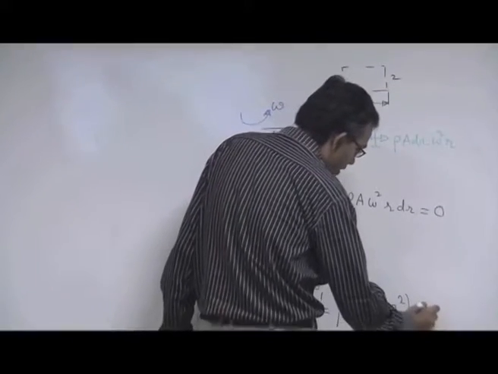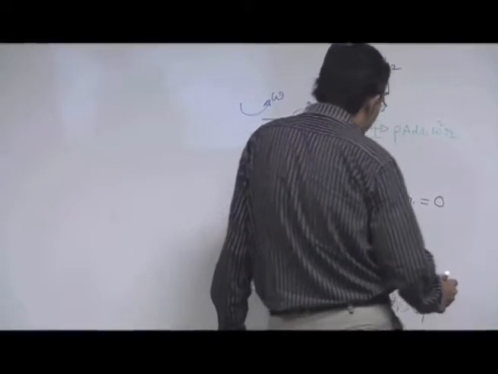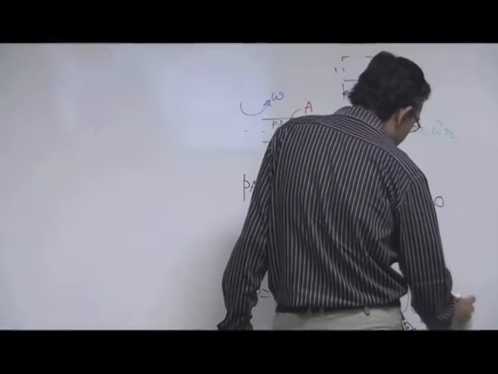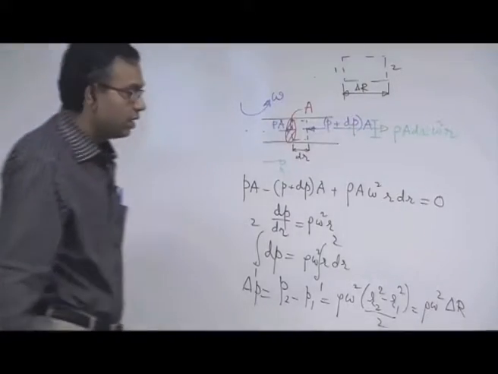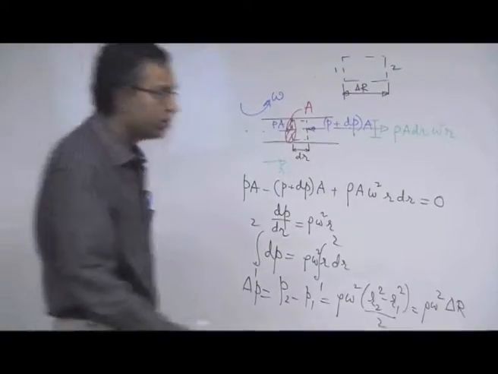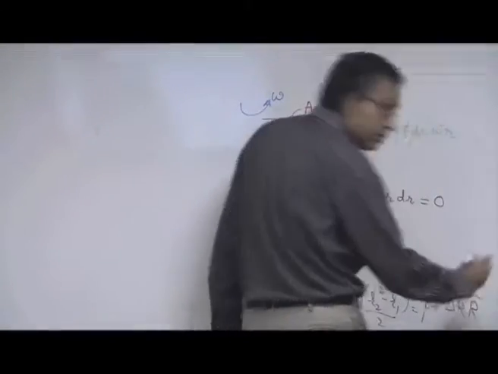So rho omega square into (r2 minus r1), which is delta r, into (r2 plus r1) by 2, that is r average, right.